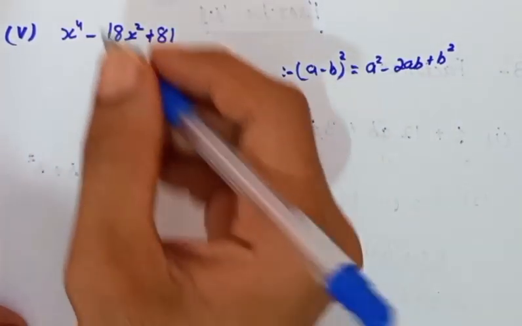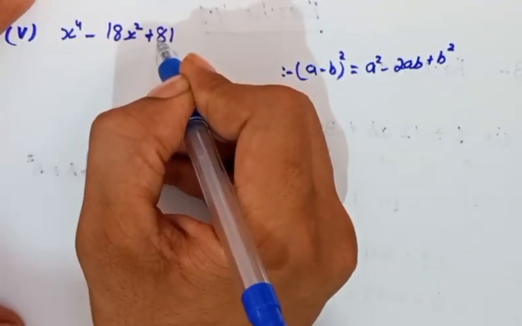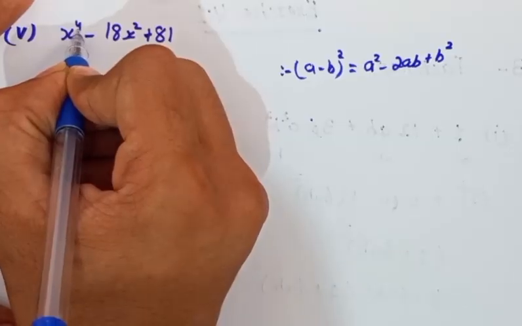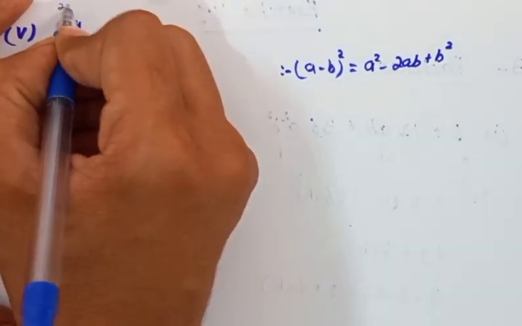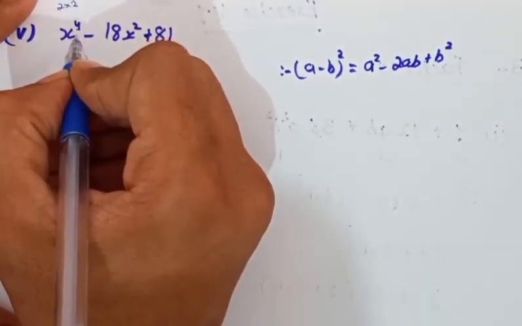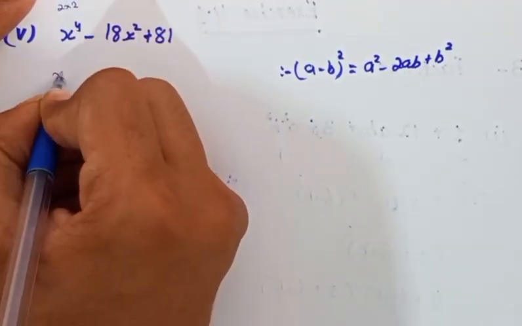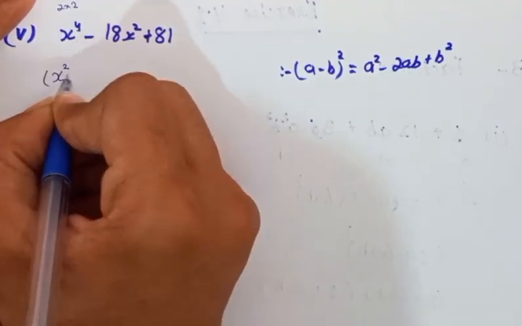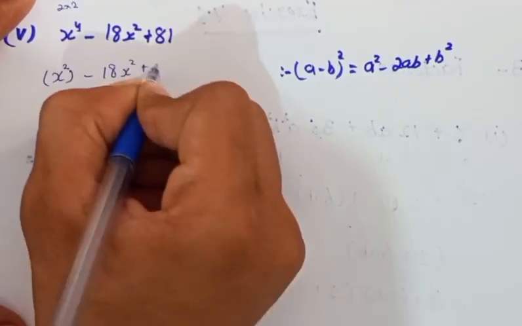The fifth question, that is x power 4 minus 18x square plus 81. First of all, my power is 4, so this means 2 multiplied by 2. So I will change the power into a square. This will be x square all square, minus 18x square plus 81.